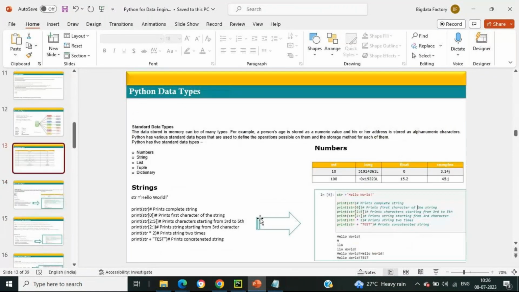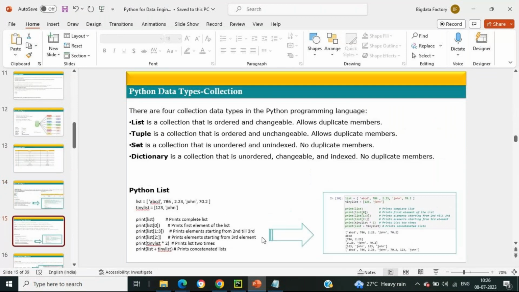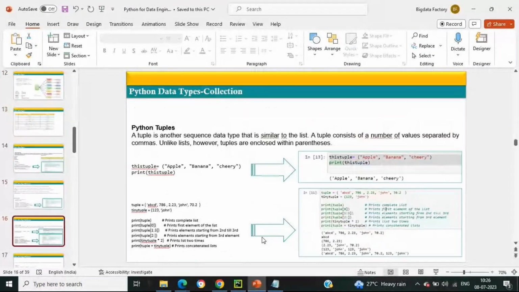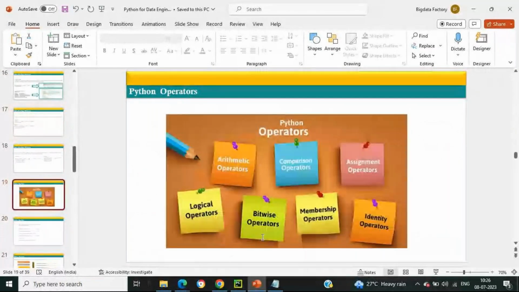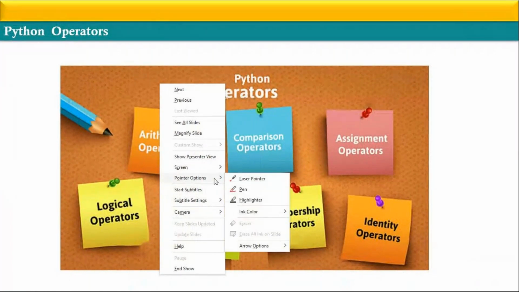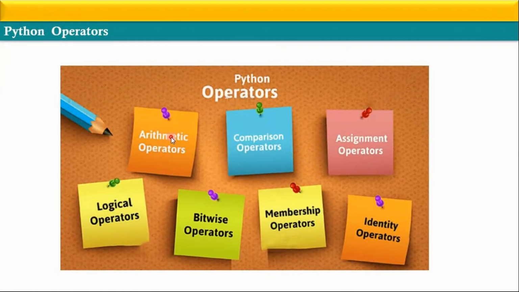Okay, so over here you are able to see operators. So we have arithmetic operators, comparison operators. Arithmetic, like plus, minus, multiplication, division. Comparison, like less than, greater than, equal to.